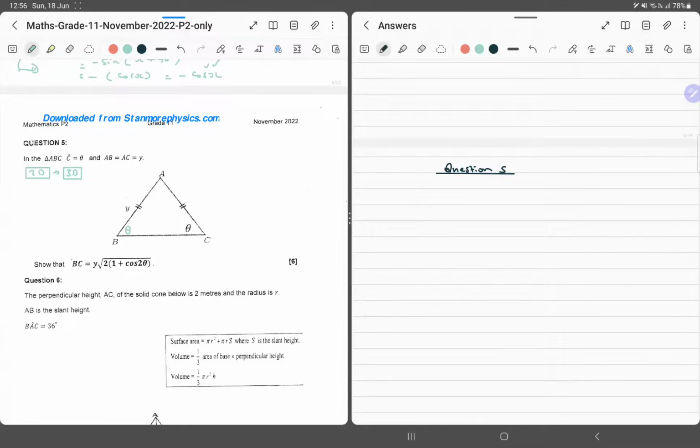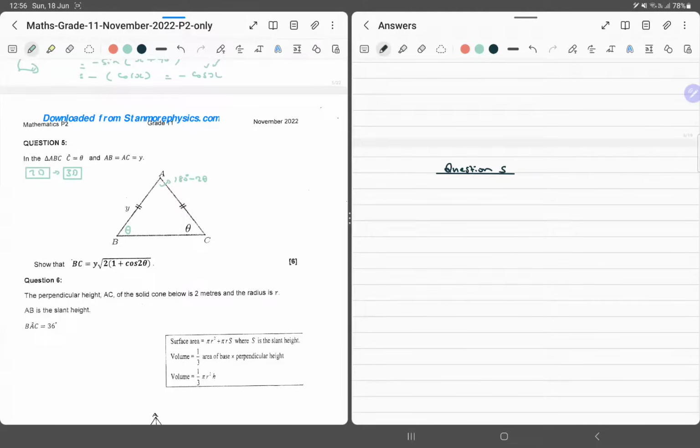Now what are we doing? We always calculate all possible angles, so that angle here is going to be 180 degrees minus 2 theta, right? Because the sum of 3 angles is going to give us that. And then I told you, show that BC is equal to the square root of 2 into 1 plus cos 2 theta.